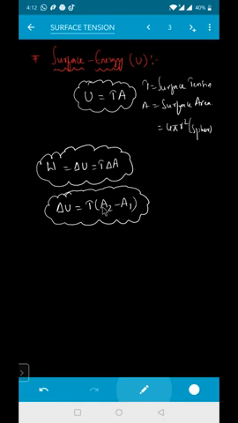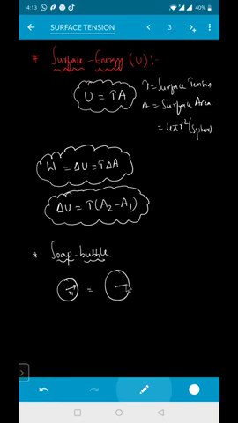Now a thin film or soap bubble has how many surfaces? Two surfaces. And a drop has one surface. Now see, if I'm talking about a soap bubble, listen very carefully. I have a soap bubble of radius, say, R1. Now I am increasing it to R2.